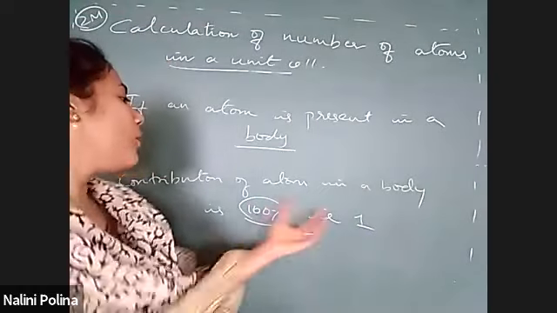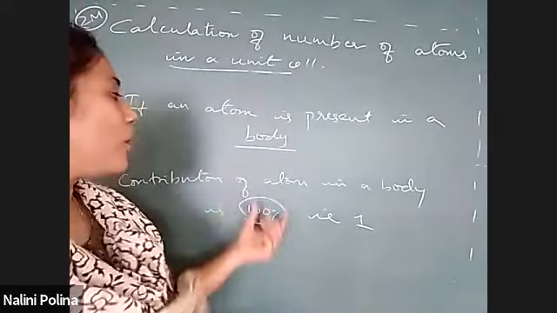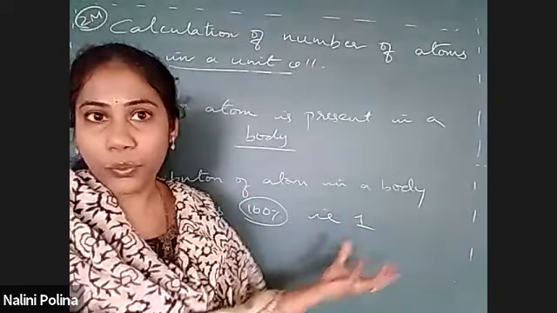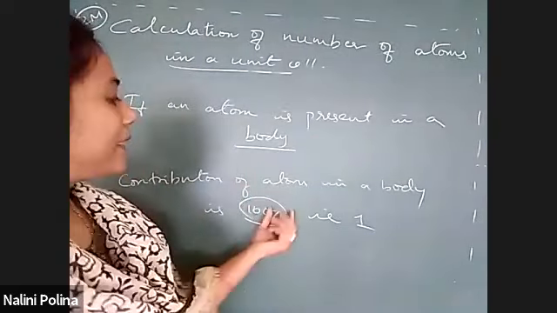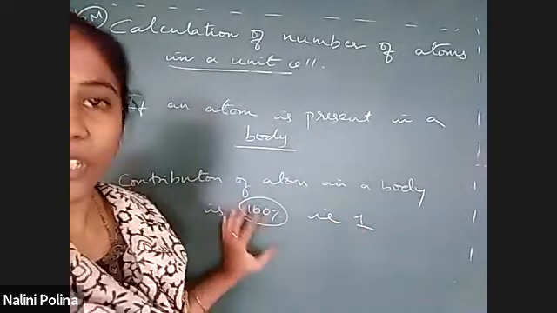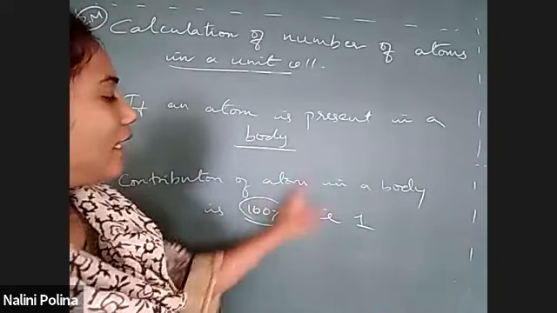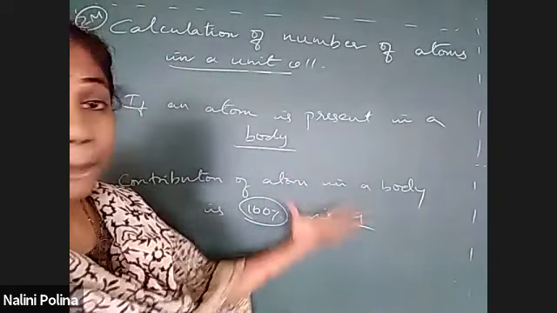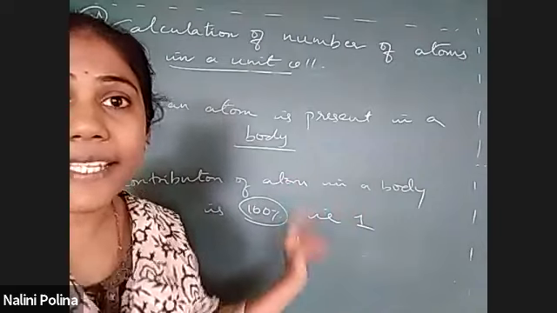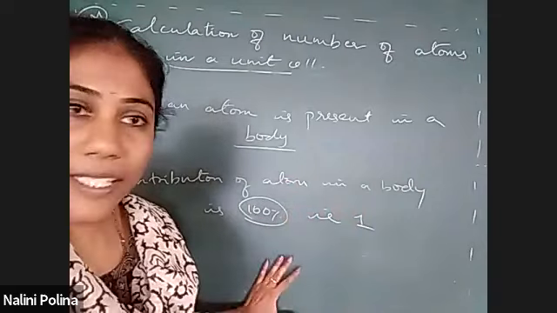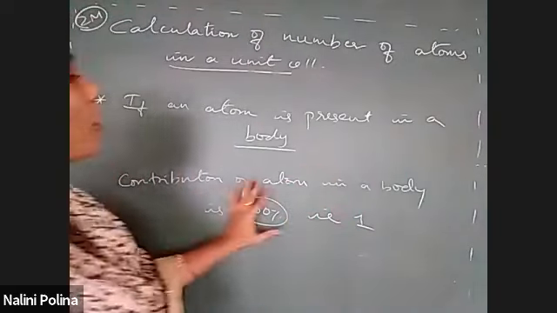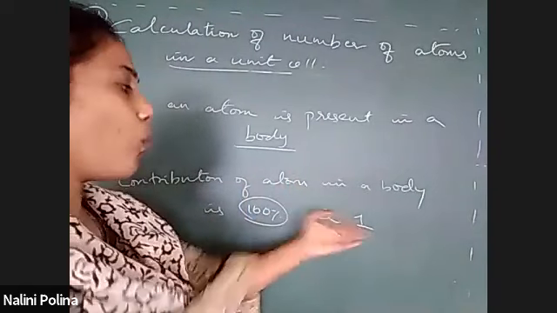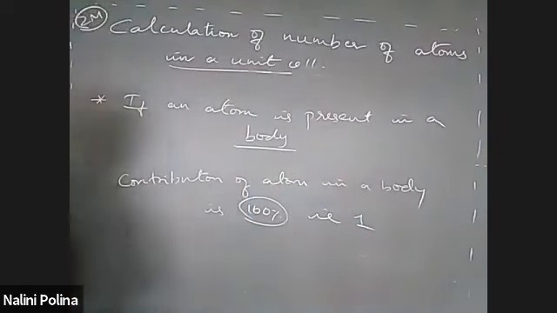Completely in the body of any cubic unit cell, if you have an atom, that completely belongs to that particular unit cell. So per unit cell, there is one atom in a body. So contribution of atom in a body is 1. Okay, so this is our second point.